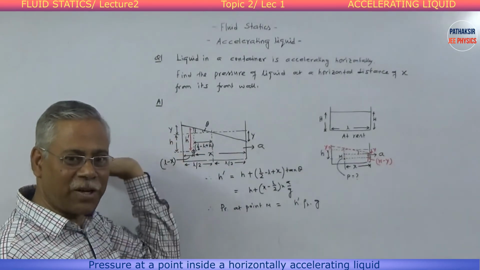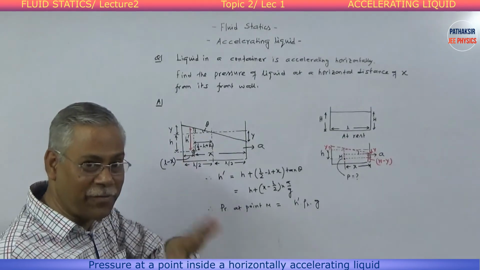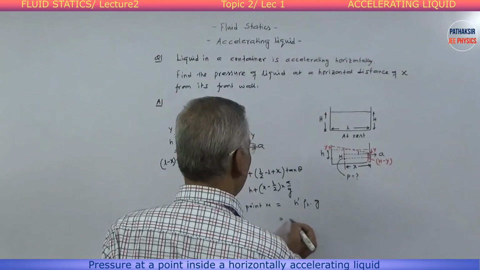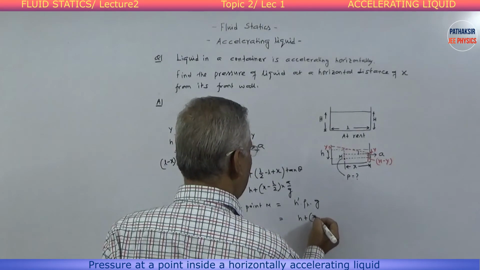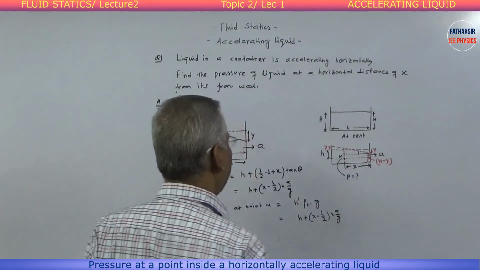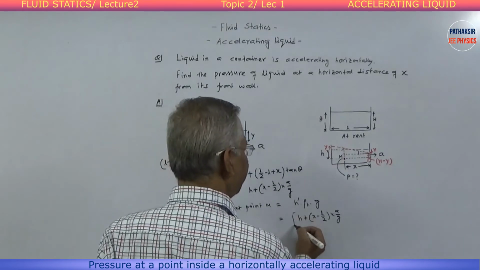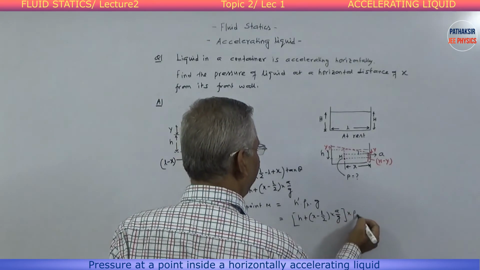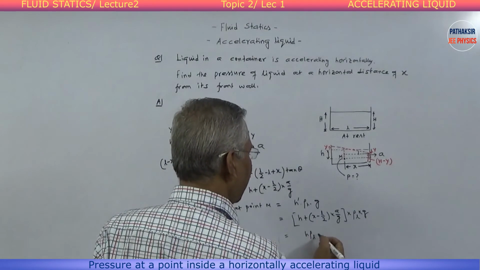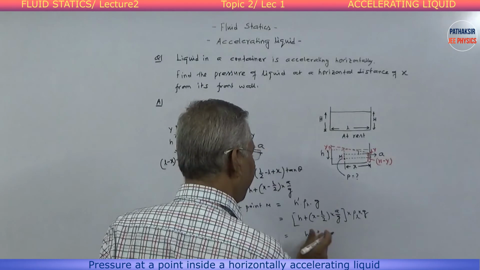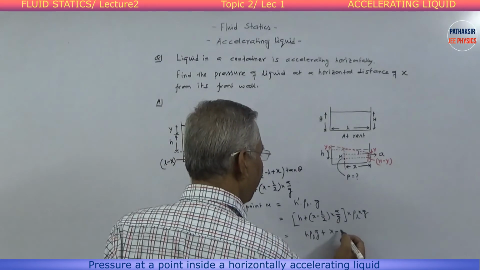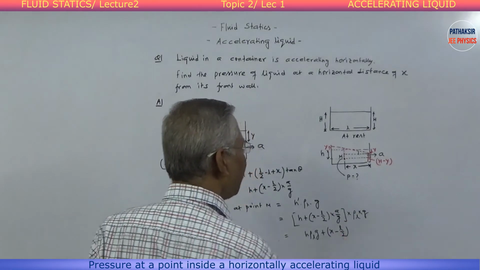That will not have any effect here, m into a will not act here. h dash into rho L into g equals (h plus (x minus L by 2) a by g) into rho L into g, which is h rho L g plus, g cancels, (x minus L by 2).